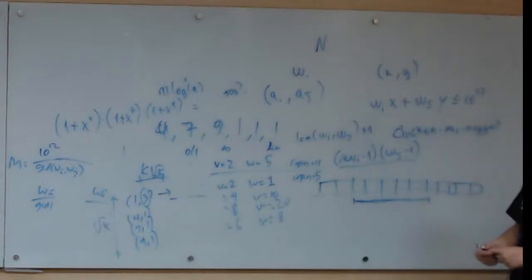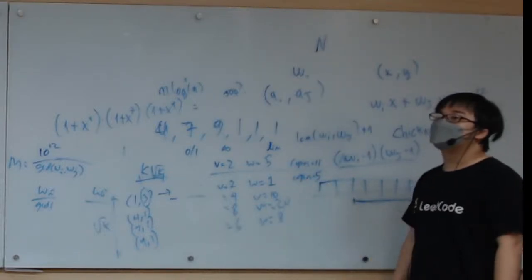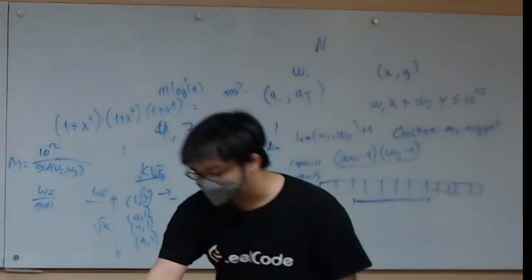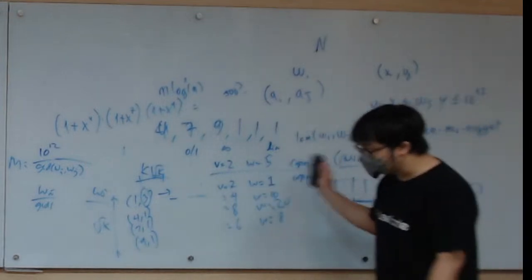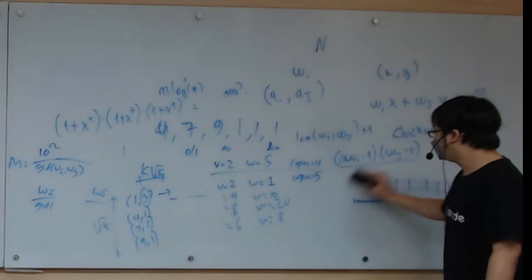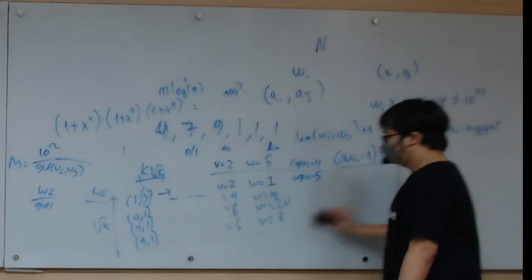Something like this. Okay, something might be wrong with this. I kind of forgot the detail. But yes, you can do this linearly as well. So there's a k square root of k solution as well.